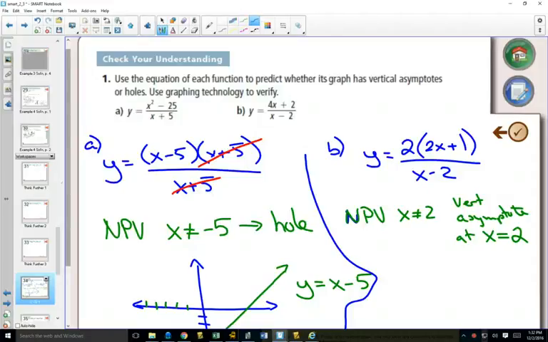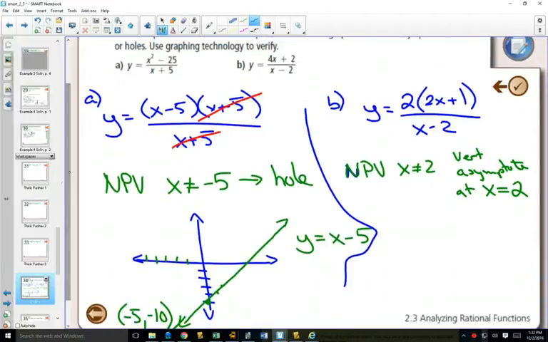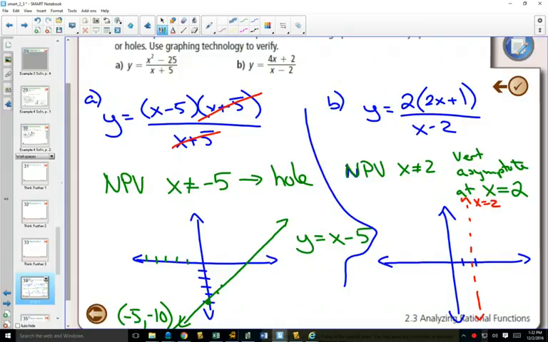So we don't want to have the can't equal sign when we write an equation of an asymptote. All right, so for this one, for graphing, the first thing you're going to do is put your asymptote in at x equals 2. And then you're going to have to think about, does this one have any other asymptotes? Does it have horizontal asymptotes, oblique asymptotes, or neither? The way that you can figure that out is looking at the highest degree.